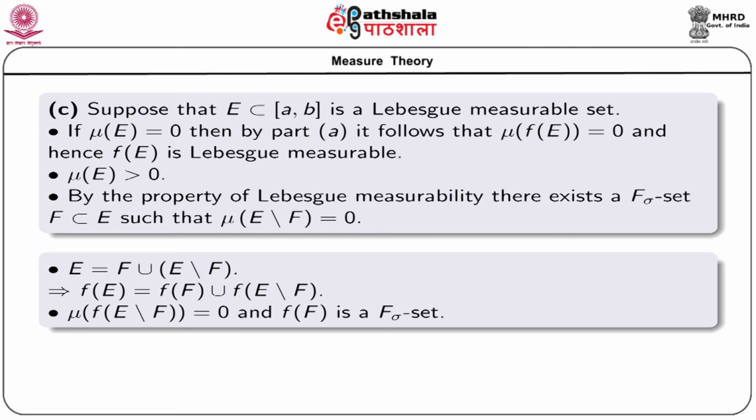So, f of capital F is also measurable, and f of E minus F is also measurable, and we know that the union of two measurable sets is measurable, and we get our desired result that f(E) is measurable. So, this shows that if we consider a Lipschitz function, it carries measurable sets into measurable sets.